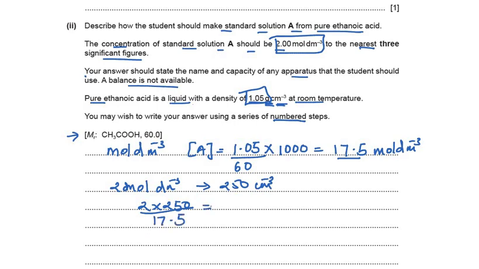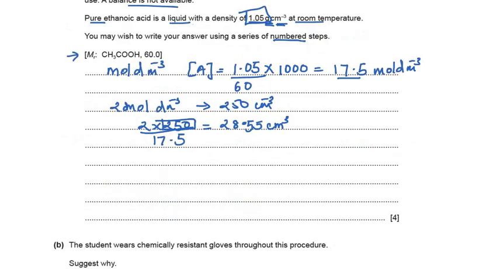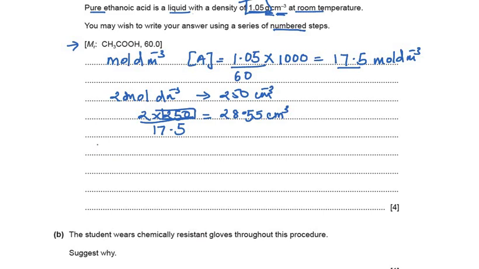Now that is going to give us the answer 28.55. So 28.55 centimeter cube, if we take it into a 250 centimeter cube volumetric flask, we'll get the concentration of A as 2 moles per dm³. So now what are the steps which we are going to write?